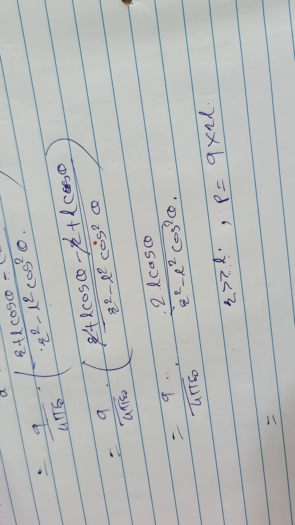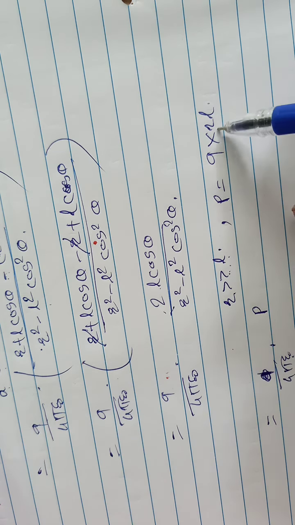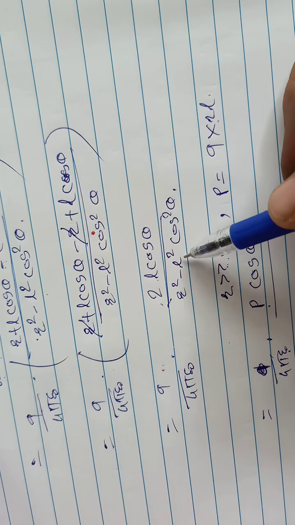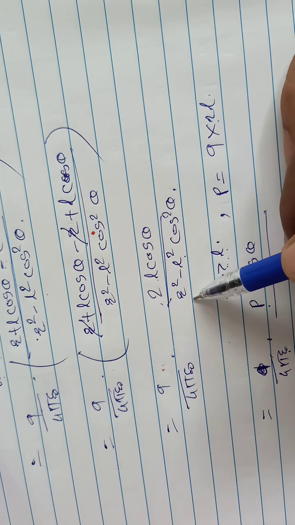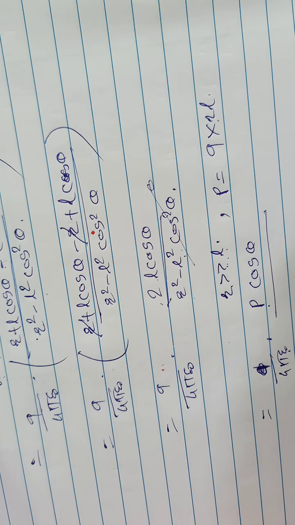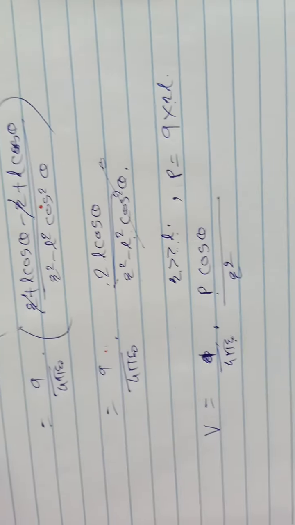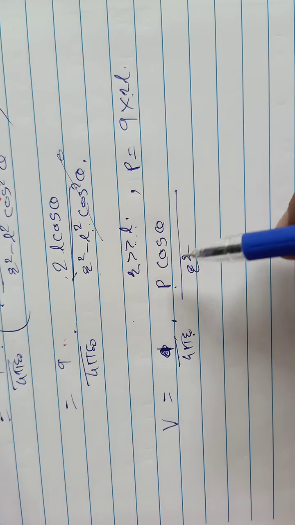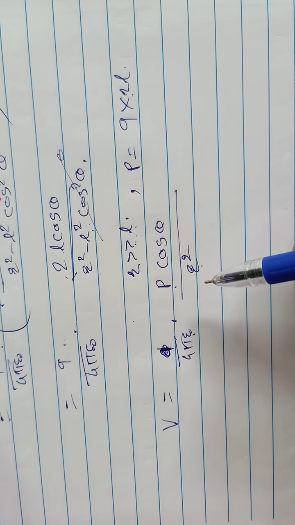Taking both terms, our equation becomes 1 upon 4 pi epsilon naught, q into 2l is nothing but p. So p cos theta upon, since l is very very small, or we can say r is very very great, this term is neglected, so we get only r square. So the electric potential V is nothing but 1 upon 4 pi epsilon naught p cos theta upon r square.